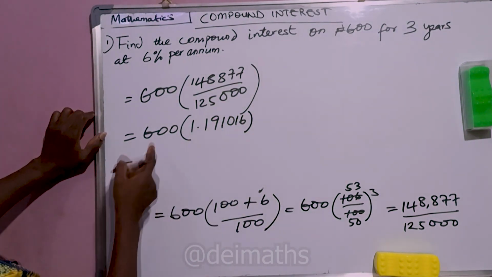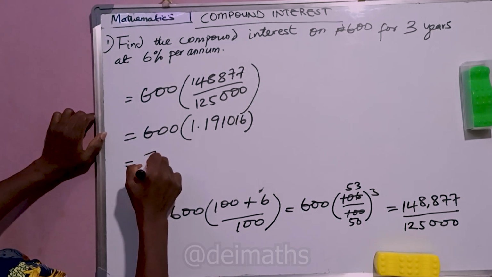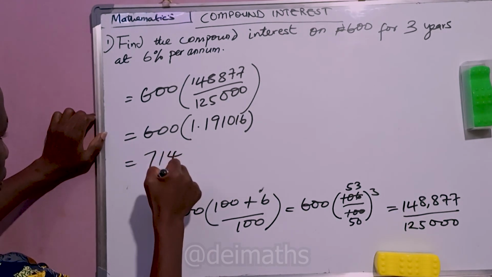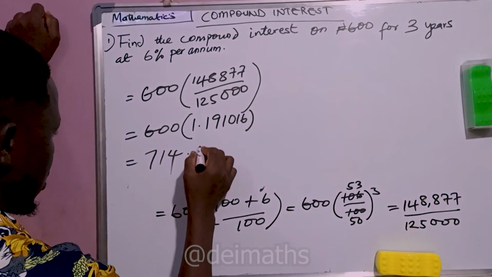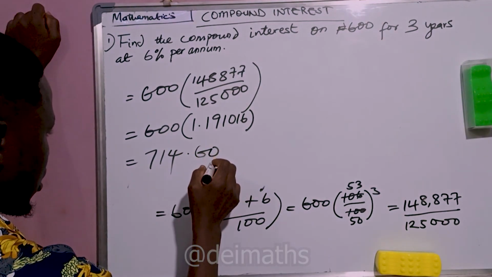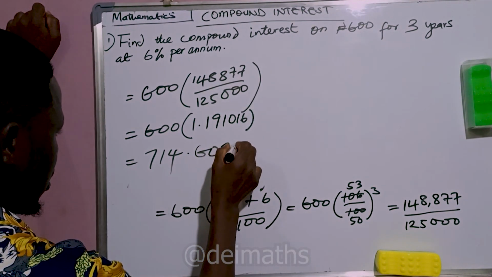So we multiply it out to give us 714.696.